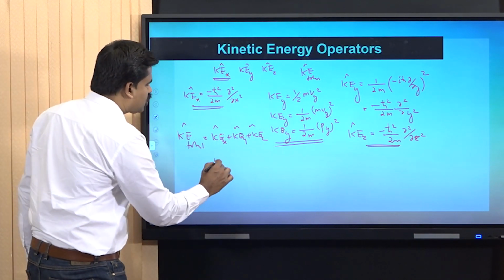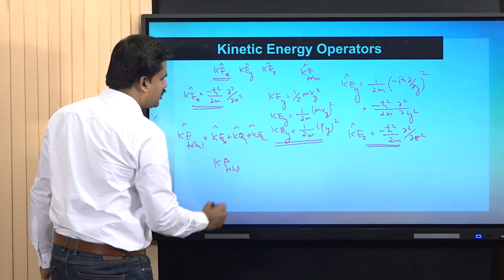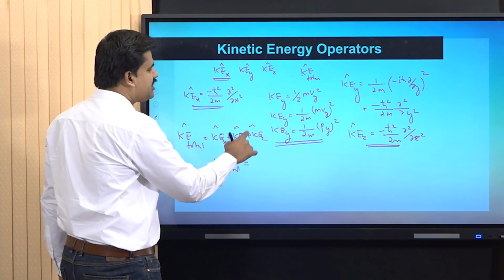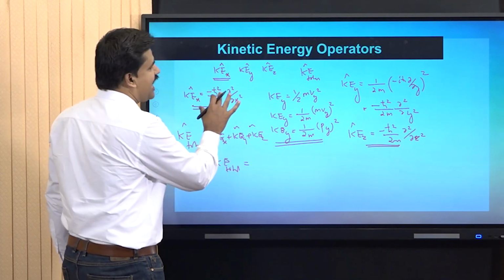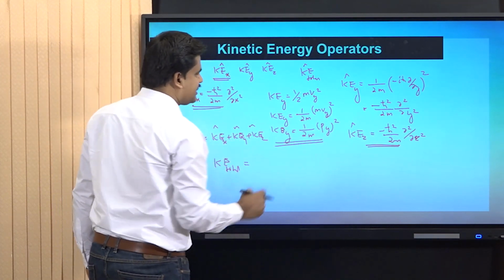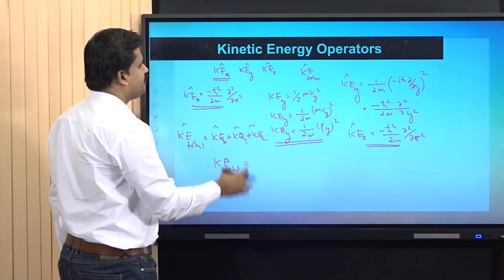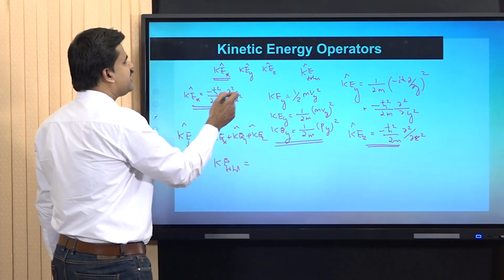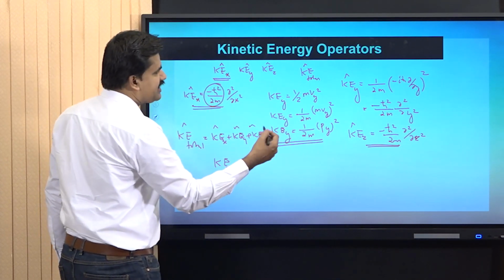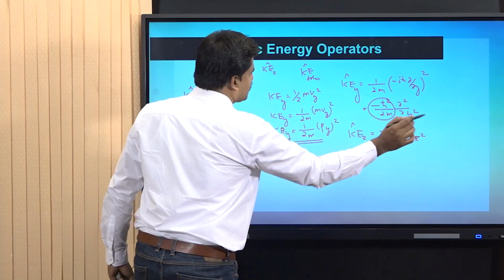That is, KE total hat is equal to KEx hat plus KEy hat plus KEz hat. On adding these three expressions, in all of them there is a common term, minus ħ square by 2m.